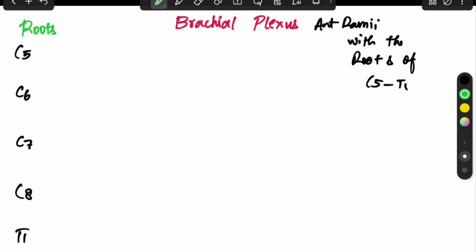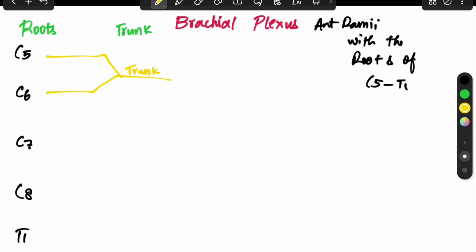Now, how to remember this brachial plexus easily? I will give some easy tricks to remember it. First of all, remember like this. C5 and C6 give one branch, which is known as a trunk. So the roots join to form trunks.